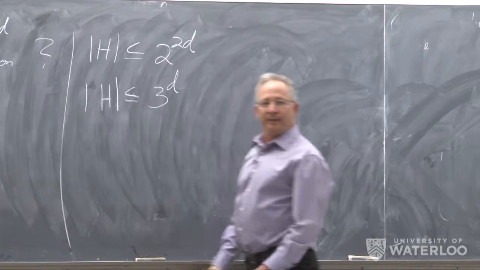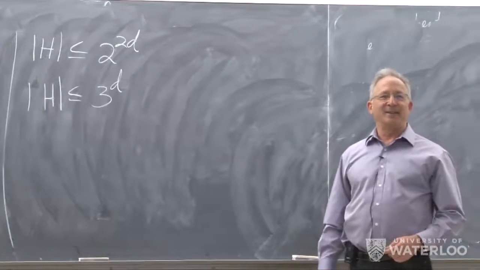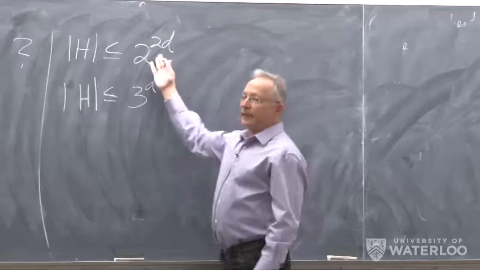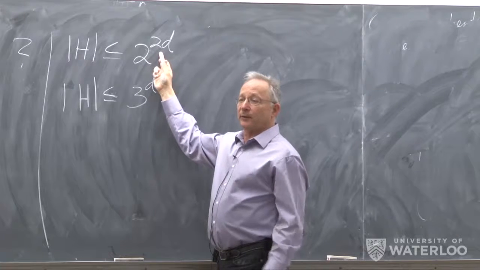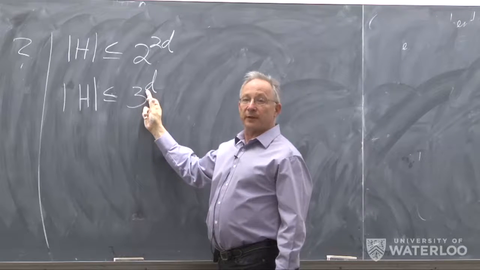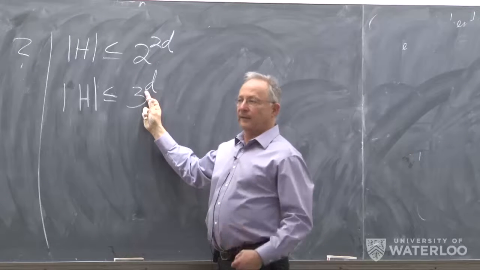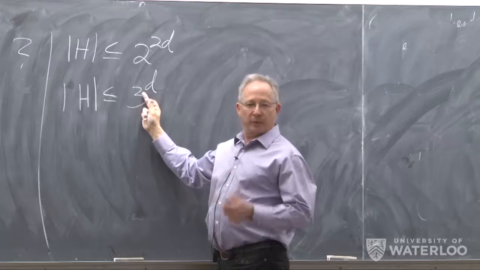Why 3 to the d? Either you have the variable, its negation, or neither. For every literal, I decided whether I want to include it or not. In this suggestion, for every variable, I make one of 3 decisions: include Pi, include the negation of Pi, or forget about Pi.